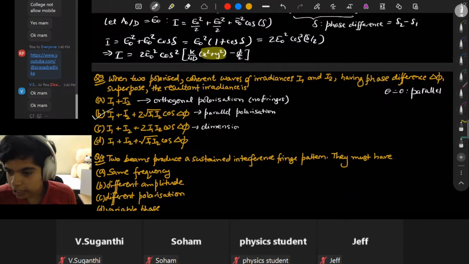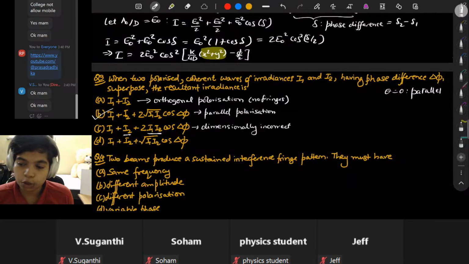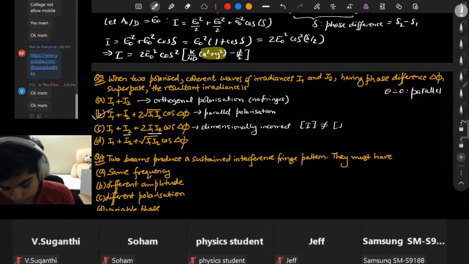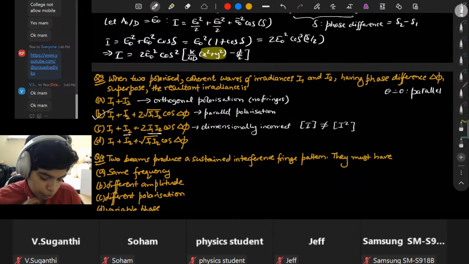As I've always been mentioning, dimensional analysis is very useful in ruling out the incorrect options. Why is this incorrect? Because you have the dimension of intensity over here, and here you have I1 times I2, which is dimension of intensity squared. The dimension of intensity can never be equal to the dimension of intensity squared. So by dimensional analysis itself, you can rule out this option.